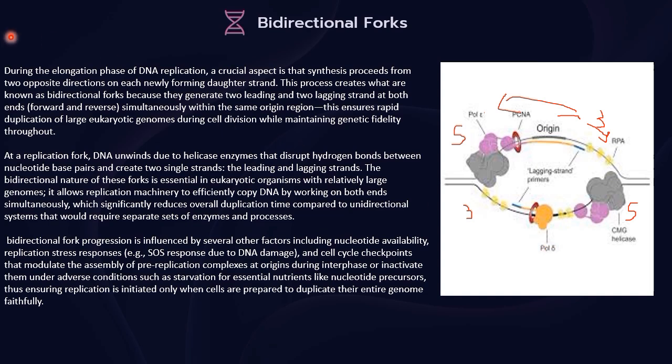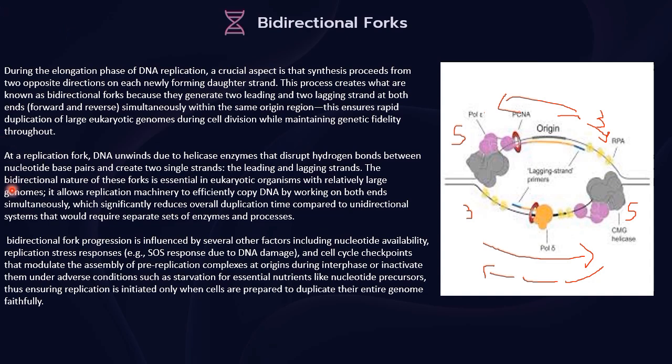In the bottom strand, this will be the leading strand synthesis direction, and this will be the lagging strand synthesis direction. And thus, we refer to this model as bidirectional forks, where a single fork will have two directions of synthesis.